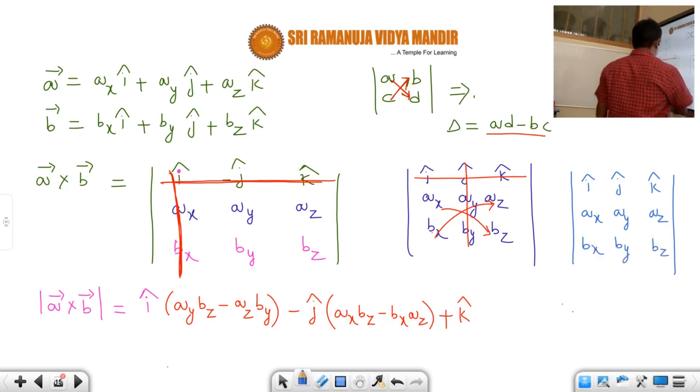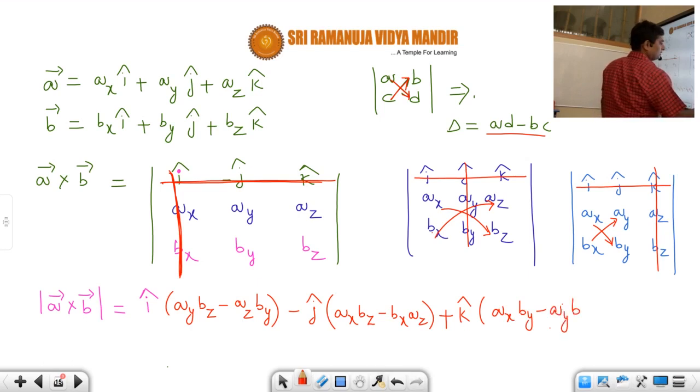Now here we have to draw the red line. That means we should not consider that row and that column, the row which consists of K cap and the column which consists of K cap. For the remaining we calculate the determinant. That means AX into BY minus BX into AY, so AX into BY minus AY into BX.